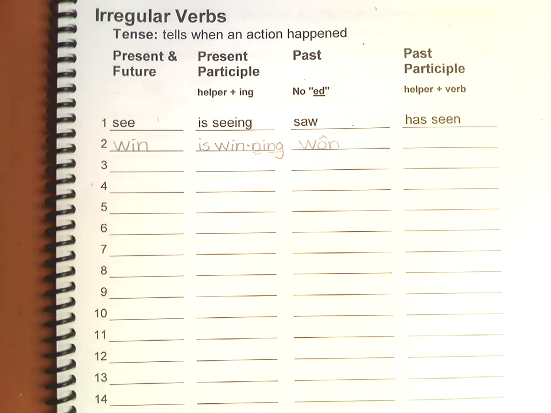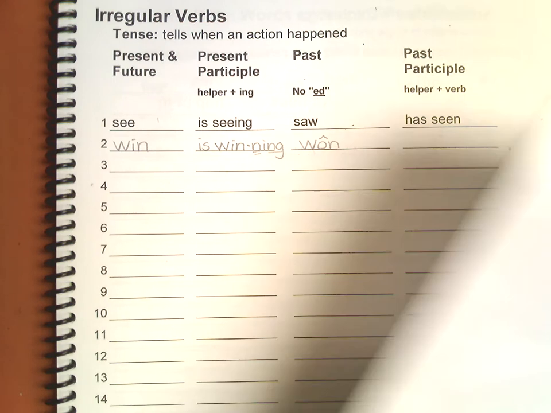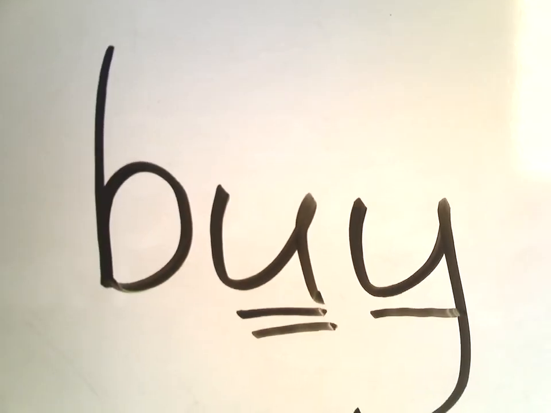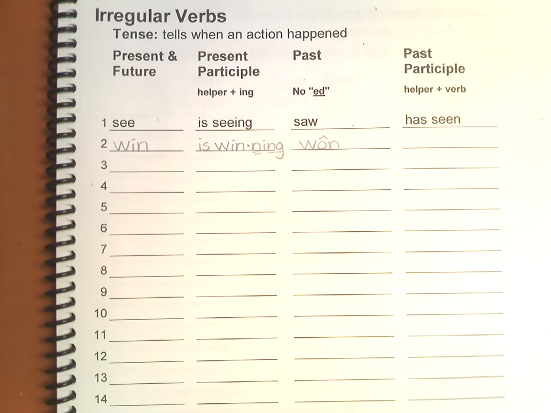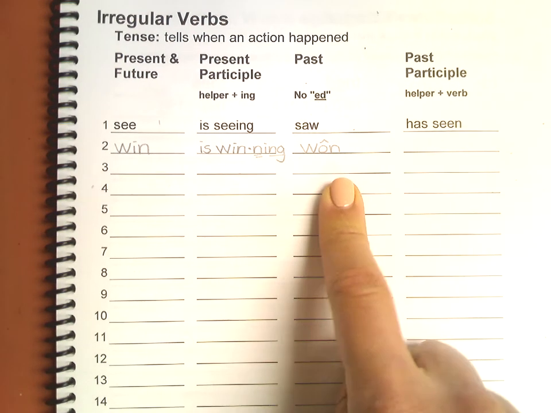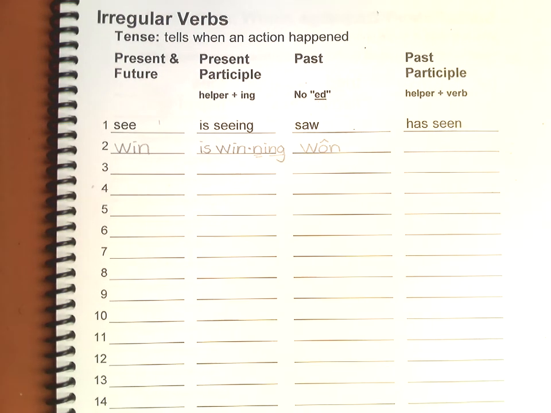All right, pause it until you're ready, and then you can check your work. All right, this is what our buy should look like. All right, and now we're going to go to our past tense of buy. So we'll skip the middle line for right now. The past tense of buy, what is it, class? Remember, we don't use -ed. We've got a whole separate word, right? It's bought.